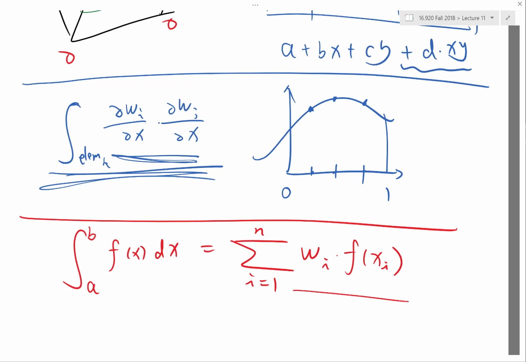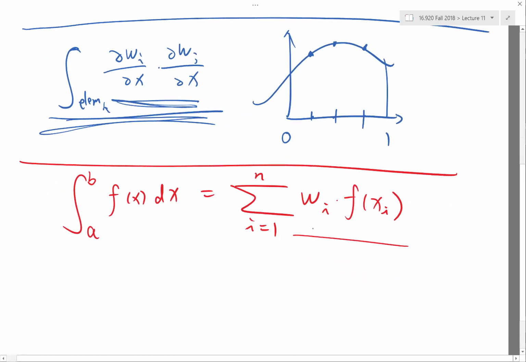And Gauss is the one who found out how to calculate these w's and how to calculate the x's so that the approximation is the most accurate in the following sense: it can integrate exactly a polynomial of as high an order as possible.